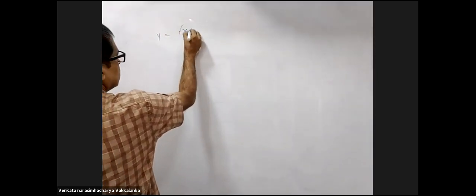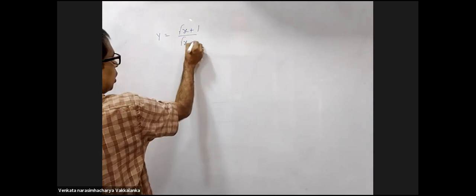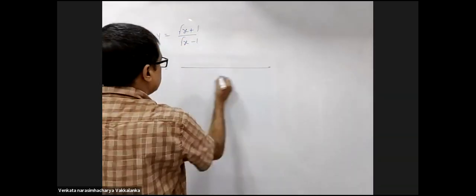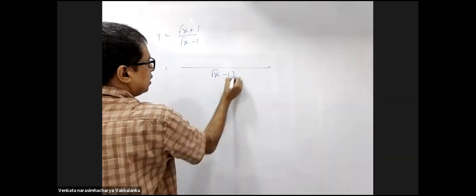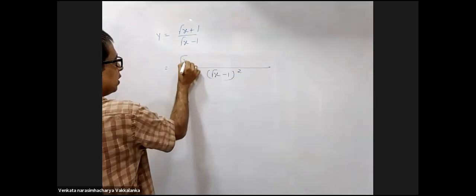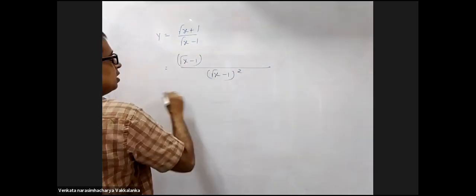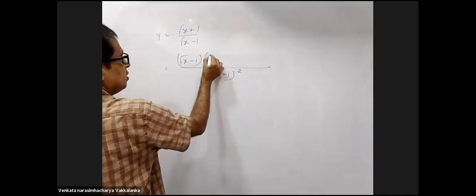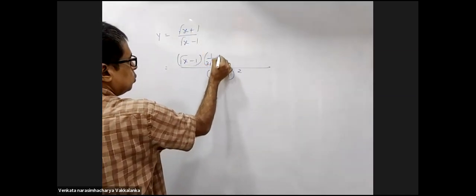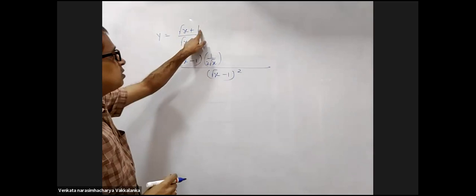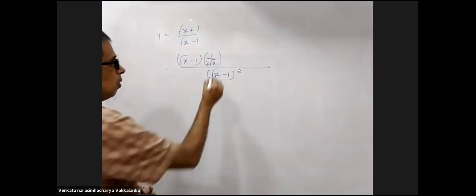Now, fifth question, y is root x plus 1 upon root x minus 1. This will be root x minus 1 whole square. Keep root x minus 1 as it is. Differentiate this: 1 by 2 root x. Differentiation of 1 is 0.